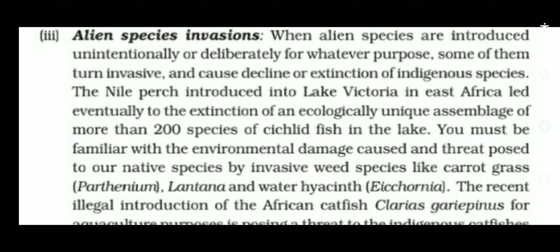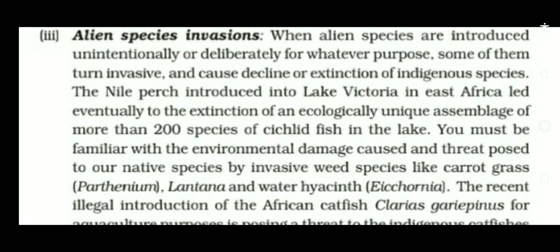It means other native plants go extinct due to the water hyacinth. So carrot grass, parthenium, lantana, and water hyacinth Eichhornia are alien species. When they invade, they cause extinction of our native species.